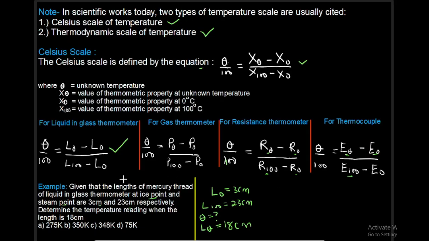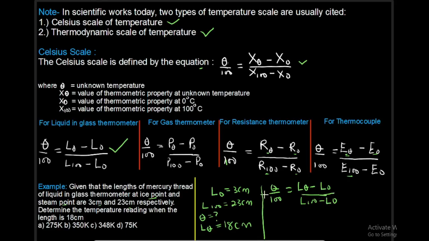So how do we go about this question? Like we can see here, this is about length of liquid in glass thermometer. So we'll make use of this equation here. We'll go straight to our equation, which says theta over 100 equals L theta minus L naught all over L 100 minus L naught.